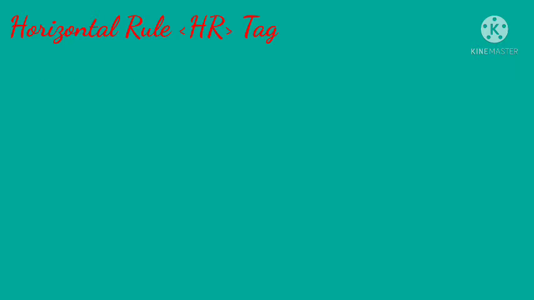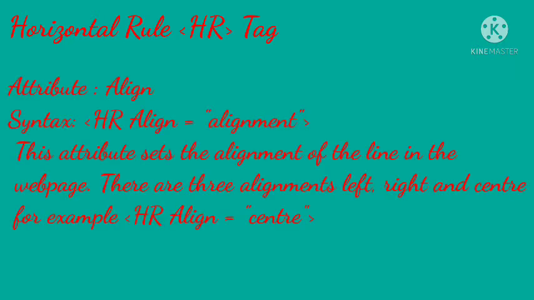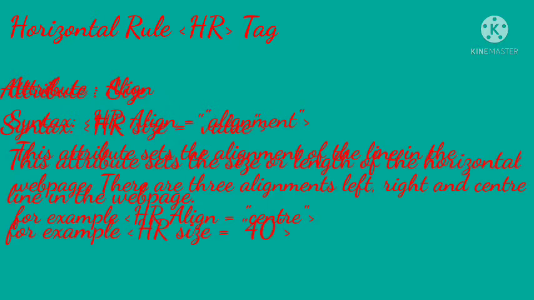The align attribute is used to set the alignment of the line in the web page, and it contains 3 values: left, right, and center. Its syntax is HR align equal to alignment. For example, if we want to set the alignment of the line as center, then type HR align equal to center.